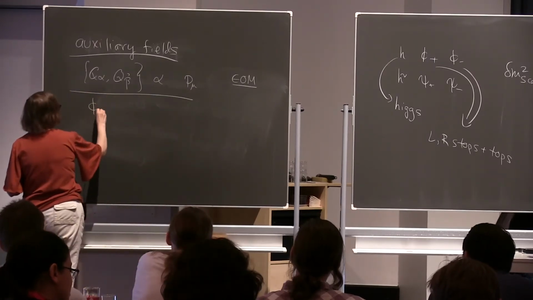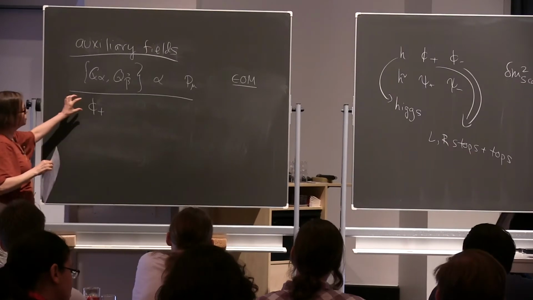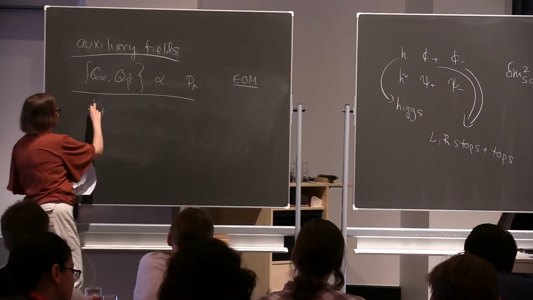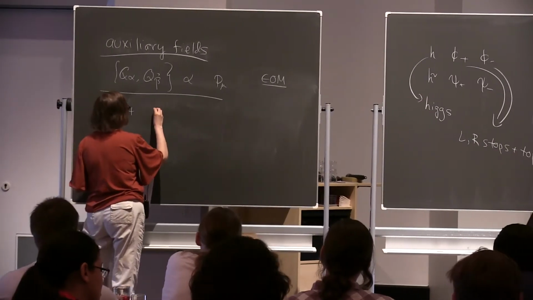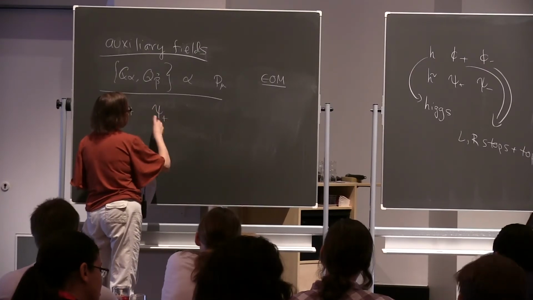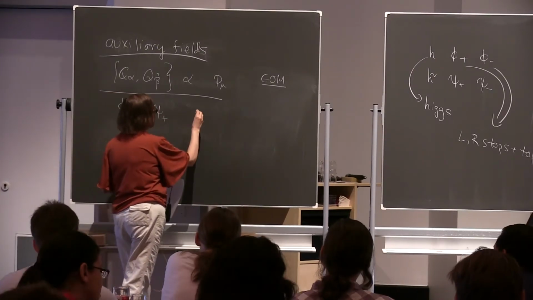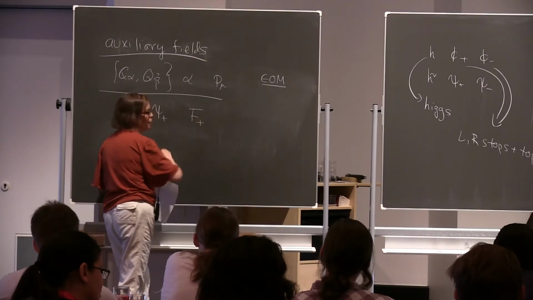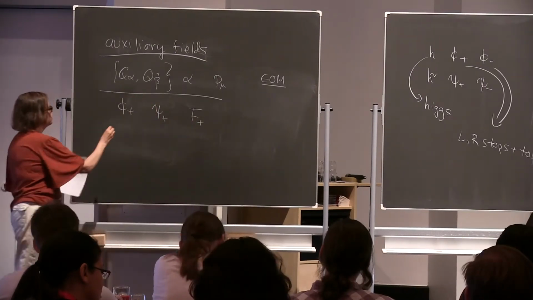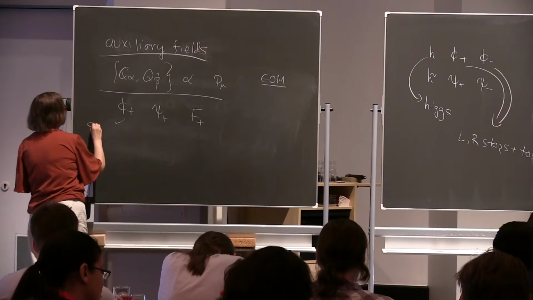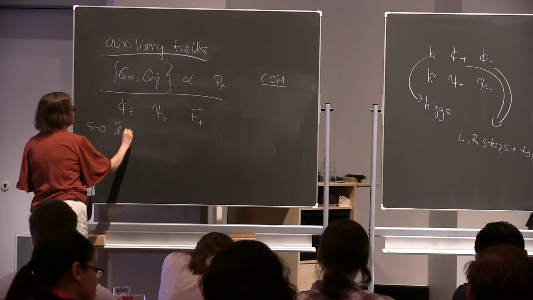And the basic little module that we had before had a scalar field phi plus, for example, a fermion, psi plus, and now we're going to add an F plus to the story. So this guy is spin 0 and has dimension 1.